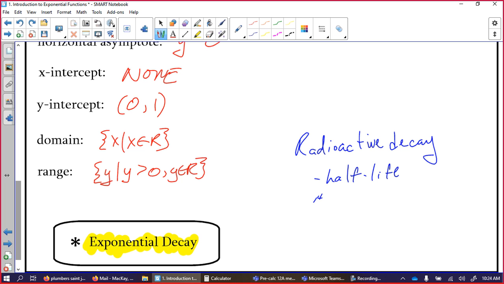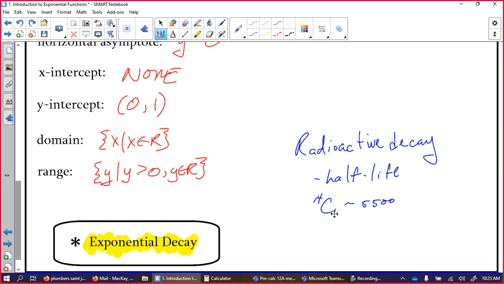One that's kind of common is carbon-14 for carbon-14 dating, which is about 5,500 years. And that's how scientists date organic material because it has to have carbon. They know what the ratio of carbon is and they extrapolate back given that half-life.